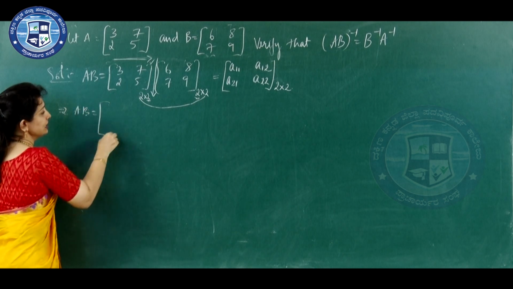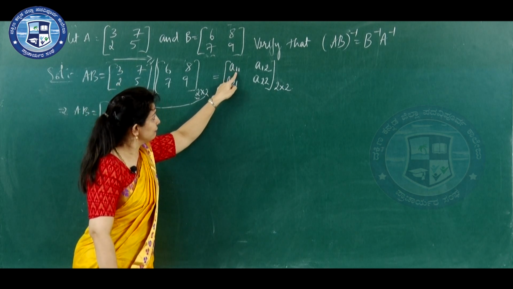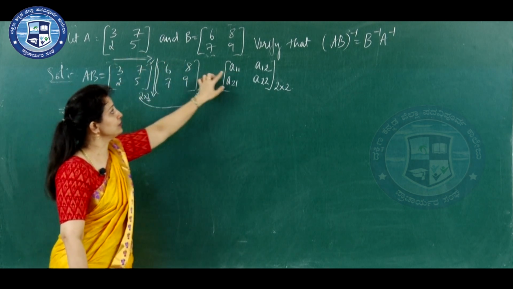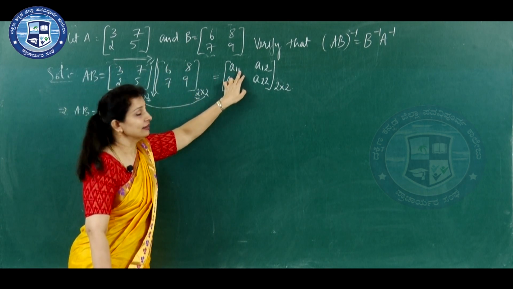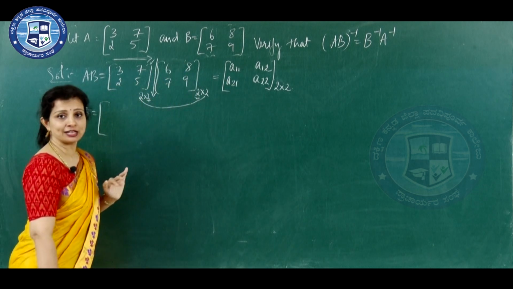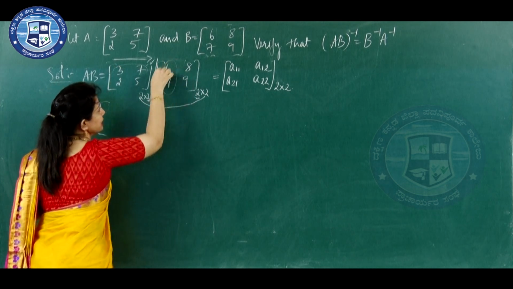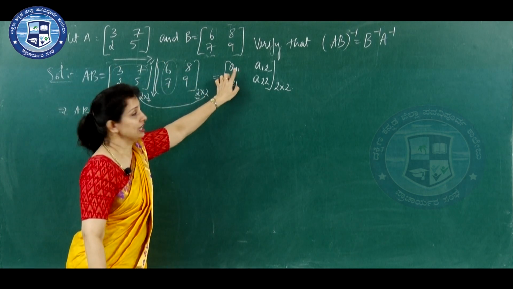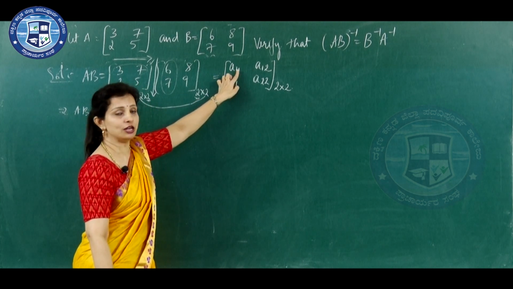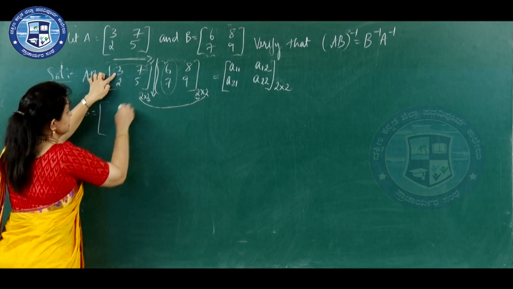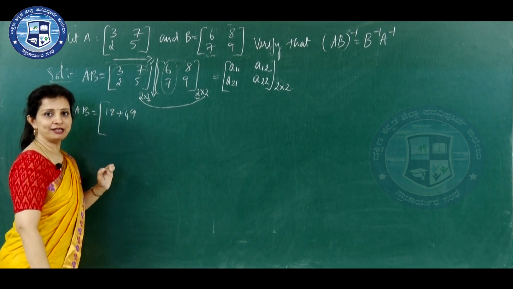For A11, multiply the elements of the first row of the first matrix with the corresponding elements of the first column of the second matrix. The first number represents the row, the second represents the column. So, 3 into 6 is 18 plus 7 into 7 is 49, first element we got.